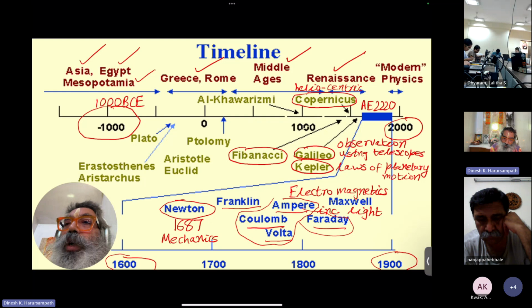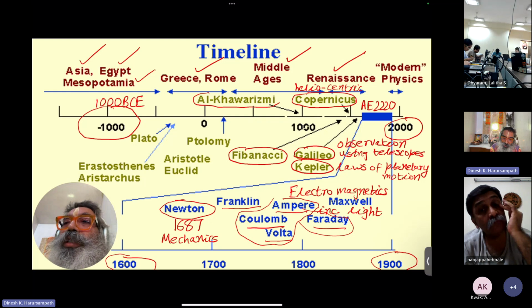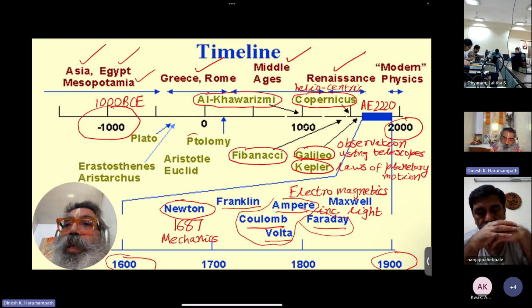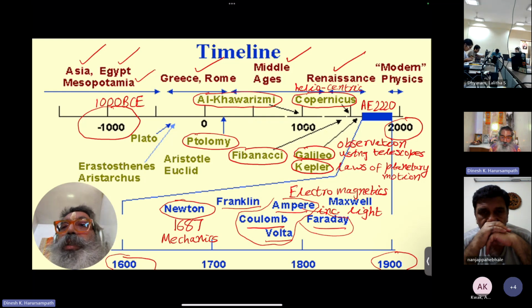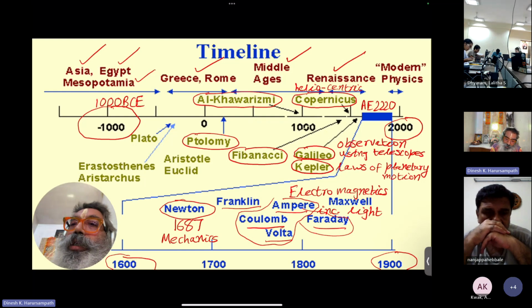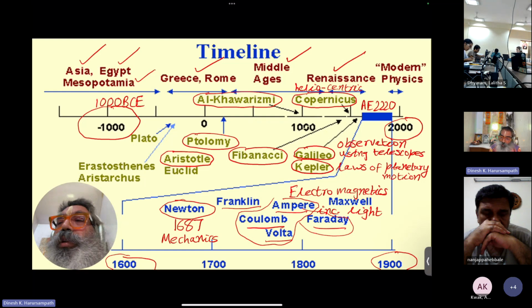There was a lot of work from the West Asian countries, especially the region of Iran, which was then known as Persia, and then, of course, many other Western European scientists. In particular, something that really stood the test of time for really more than a millennium is the ideas of Aristotle.